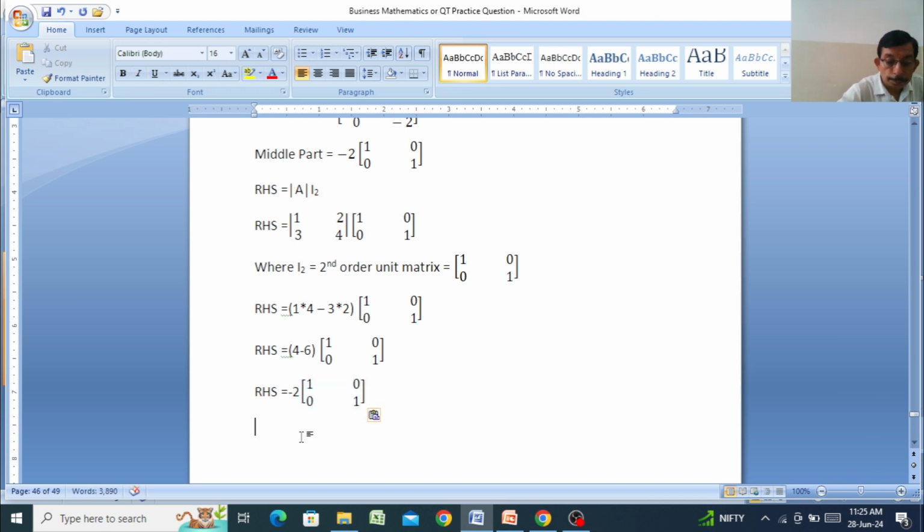Now, LHS equal to the middle value equal to the right hand side.